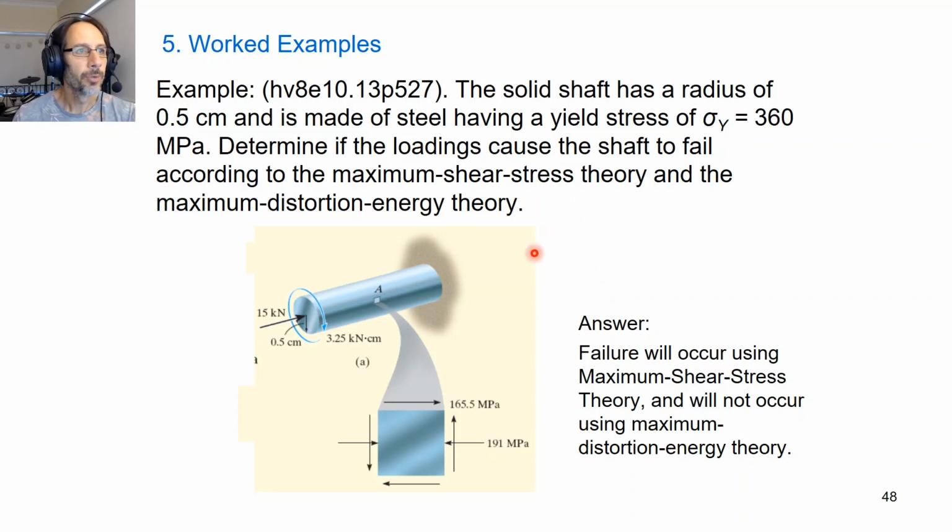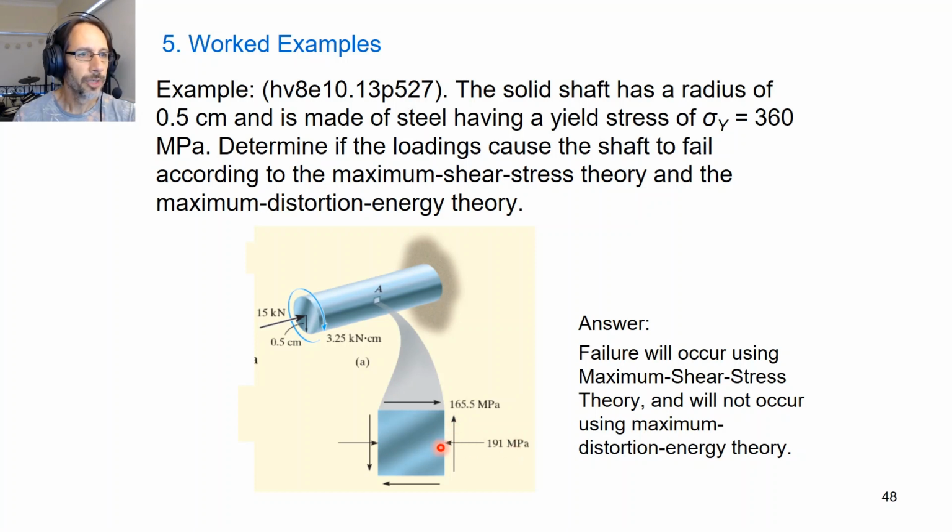Okay, so we've got a typical stress analysis problem that we looked at in the first week or two, where you've got a loaded component. We've got a point somewhere in the component that we want to know the stresses at. We've done part of the work for you in this one and said at this point, these are our stresses.